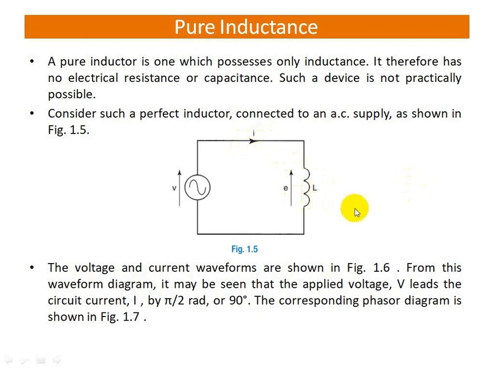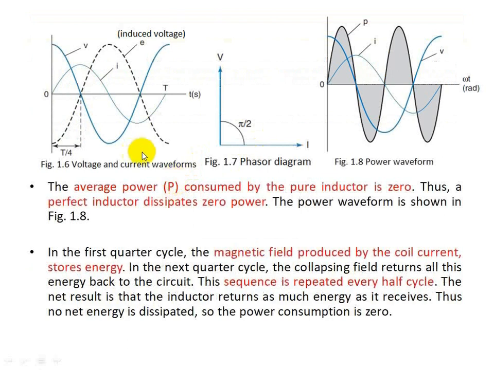So here the voltage will lead the current by 90 degrees, or in other words we can say that current will lag the voltage by 90 degrees. Figure 1.6 shows the voltage and current waveforms.